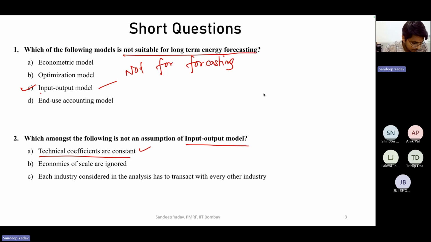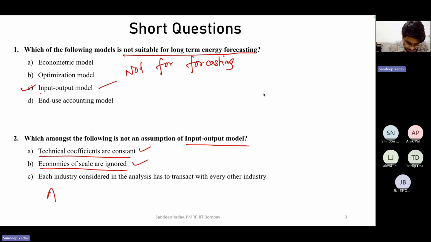Similarly, economies of scale are ignored, so option number two will also be correct. It is not necessary that each industry in the matrix transacts with every other.